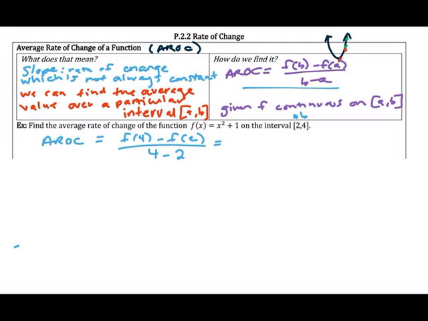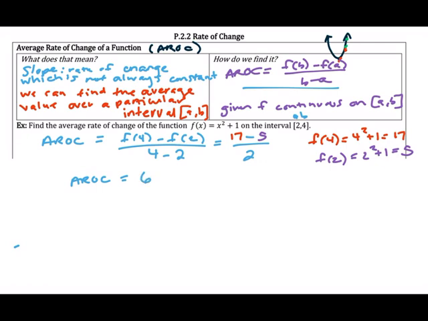Let's figure out what f of 4 is. F of 4 is 4 squared plus 1, which is 16 plus 1, which is 17. F of 2 is 2 squared plus 1, which is 4 plus 1, which is 5. So 17 minus 5, all over 4 minus 2, so all over 2. 17 minus 5 is 12. 12 divided by 2 is 6. The average rate of change is 6.